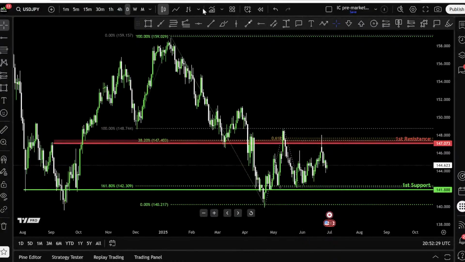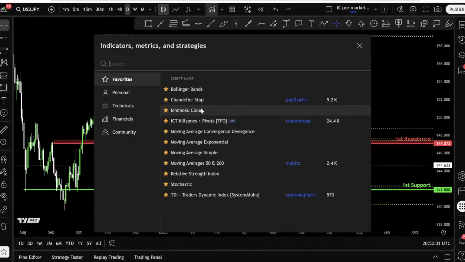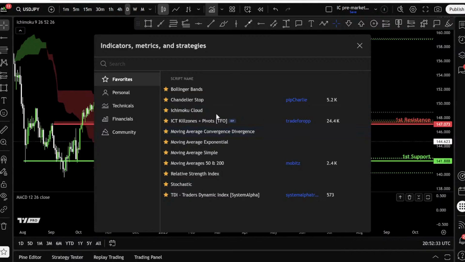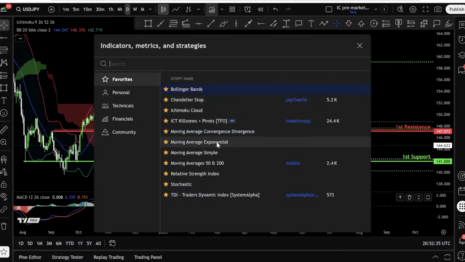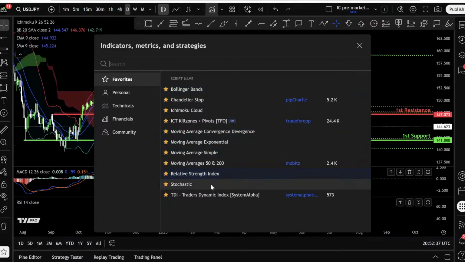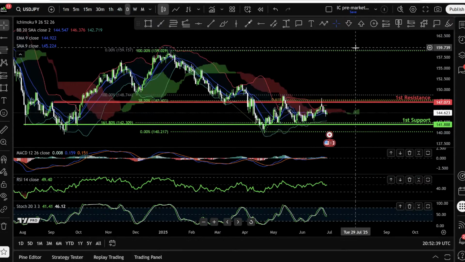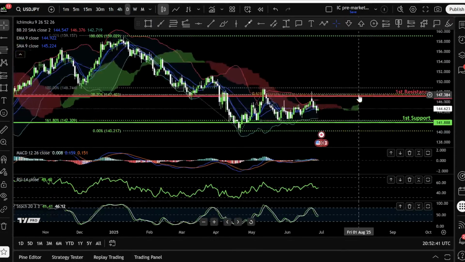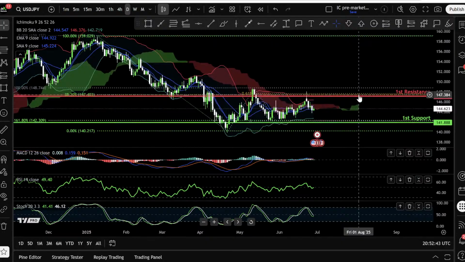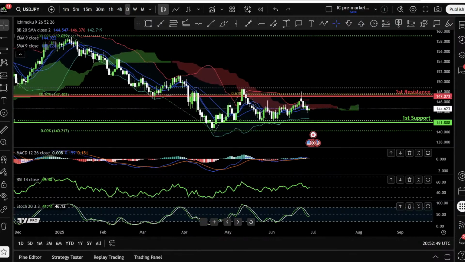Okay, let's look at our indicators. Just one look at all of our indicators, and they're all giving us kind of different signals.